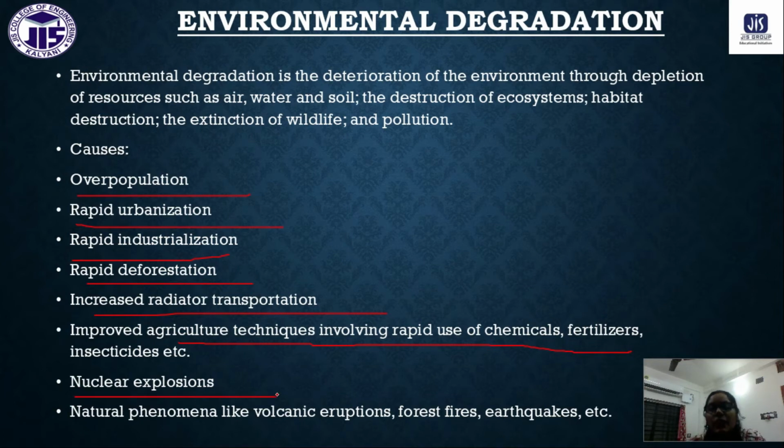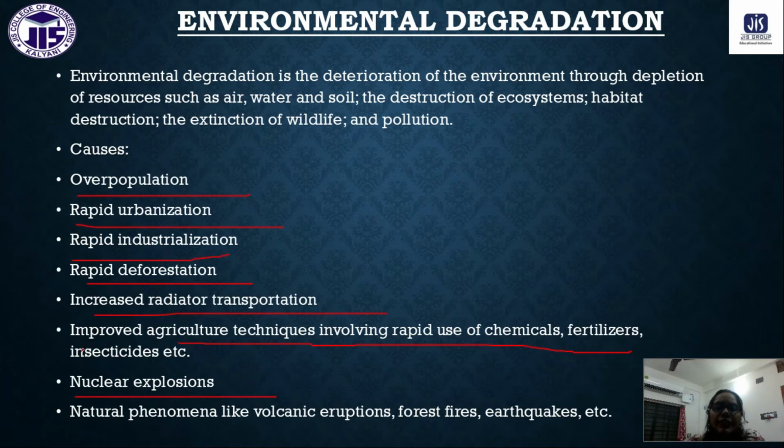And the last is the nuclear explosion. Obviously, from a nuclear explosion, uranium and so many harmful radioactive elements are discharged into the environment, which is very harmful.